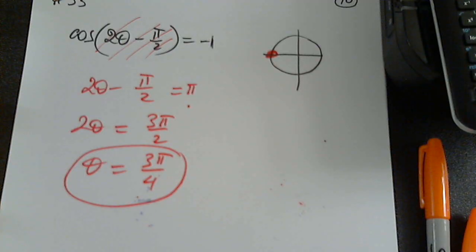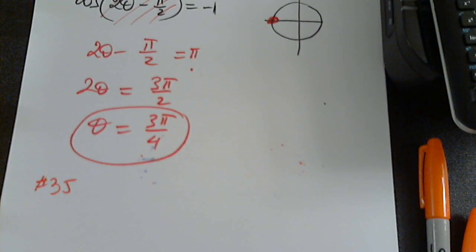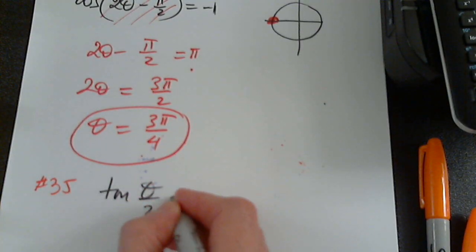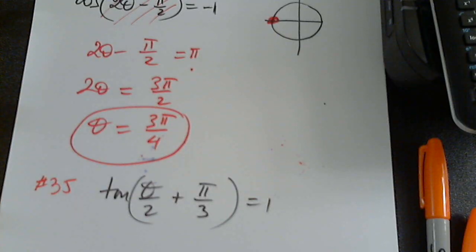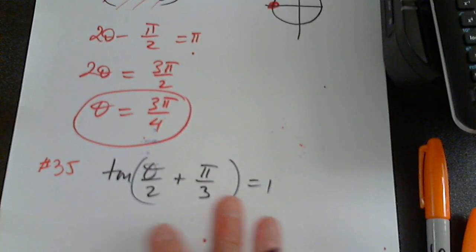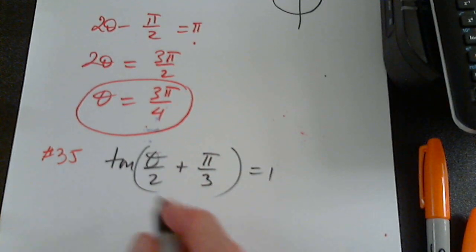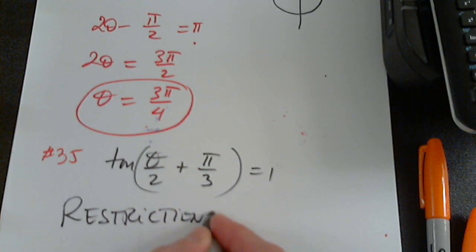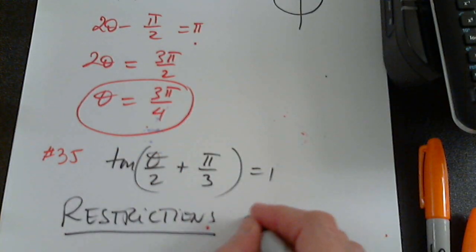So let's look at something with tangent this time, like 35. In 35, we have tangent of theta over 2 plus pi over 3 equals 1. We have not seen anything other than sine and cosine. But you understand that now we have to state restrictions. The restriction is tangent is sine over cosine.